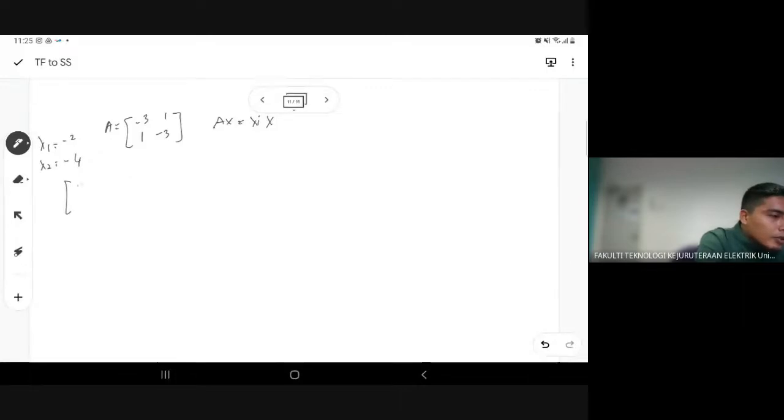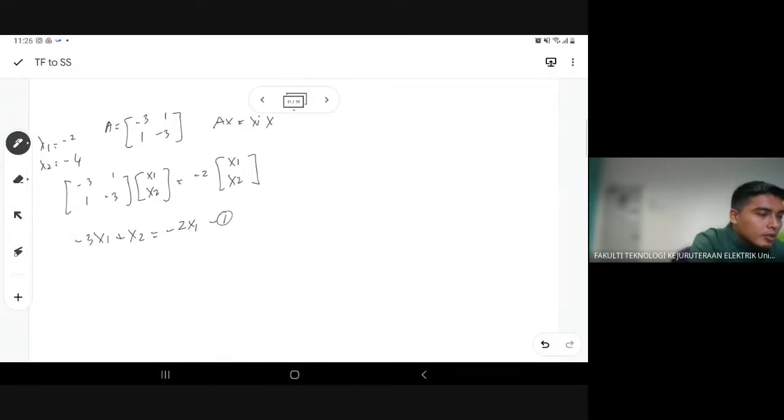We got [-3, 1; 1, -3] times [x1, x2] equal to lambda 1 times [x1, x2]. For the first equation, -3 x1 plus x2 equal to -2 x1, and we solve it, x2 equal to x1.